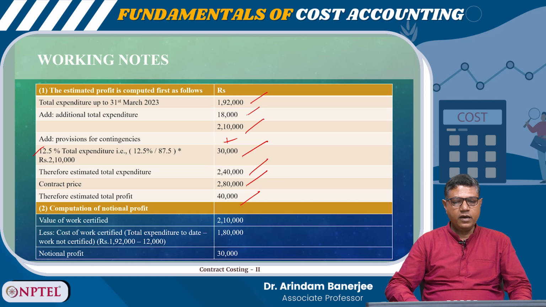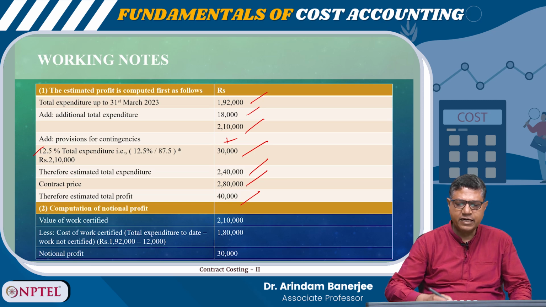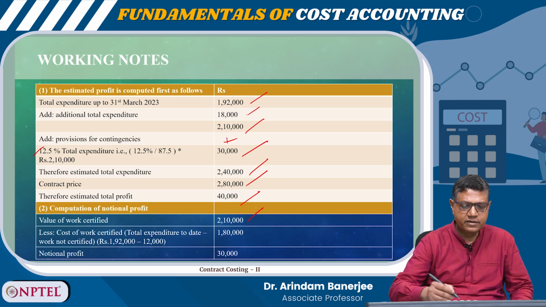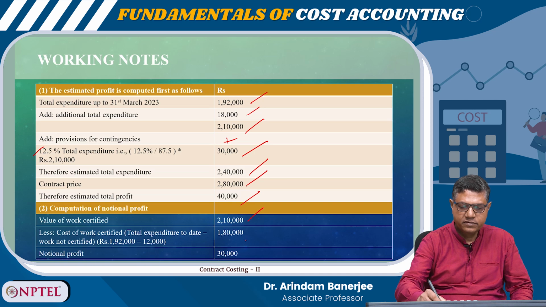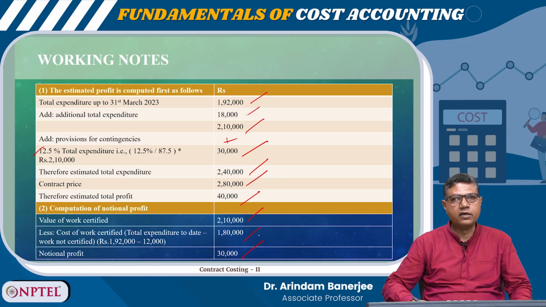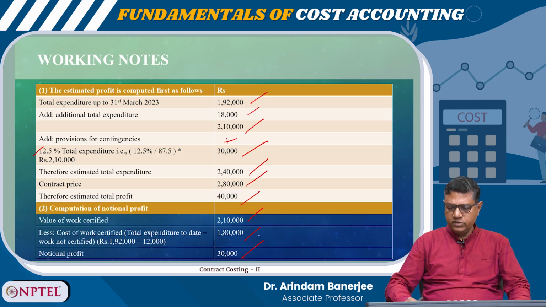Now, for computation of notional profit, value of work certified is 2,10,000, less cost of work certified 1,80,000. So, your notional profit is 30,000. So, this is the working note.